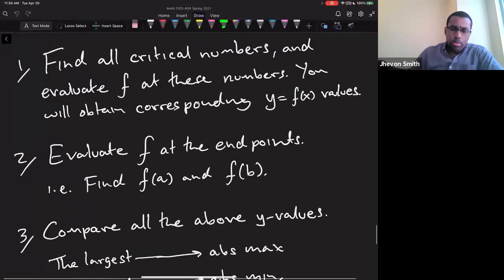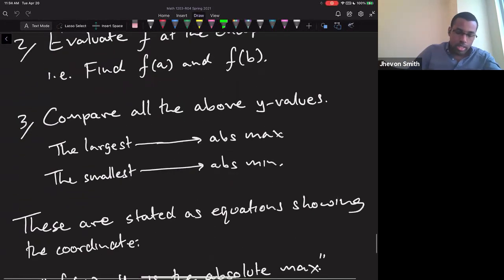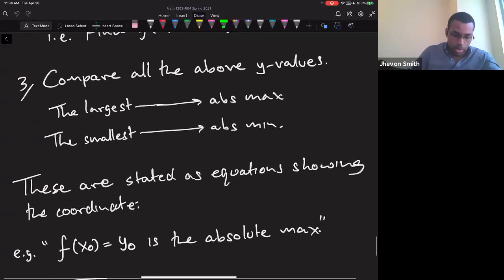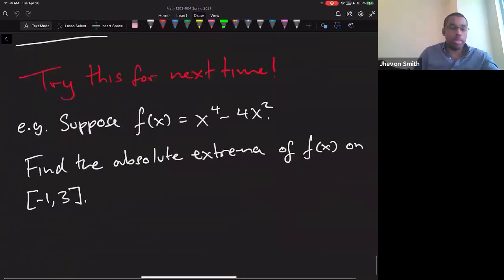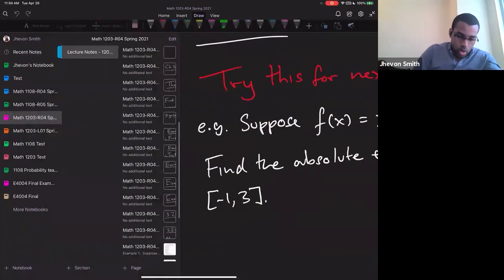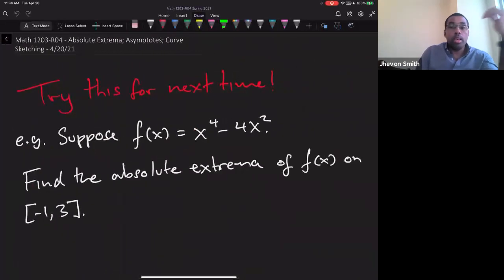And I told you the process: you find all the critical points and evaluate them because they are the prime candidates for maxes and mins, as well as evaluate at the endpoints, because the function can achieve a max or a min at an endpoint that a derivative won't be able to pick up. You compare all these values. The biggest one is the absolute max, the smallest one is the absolute min, and I left you with an example to try, and that is where we are now.